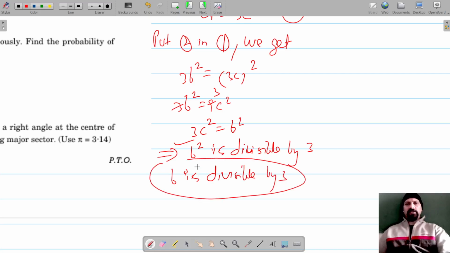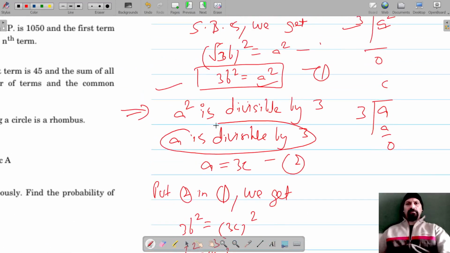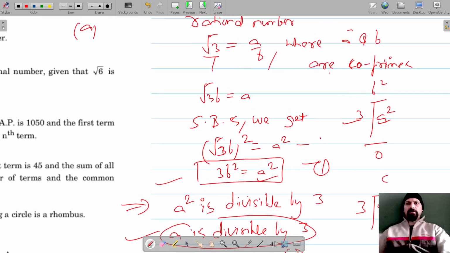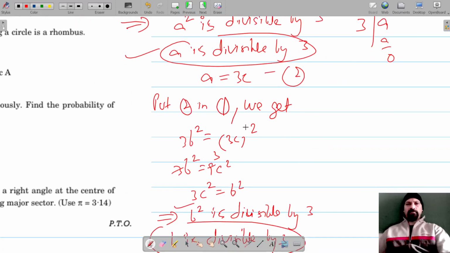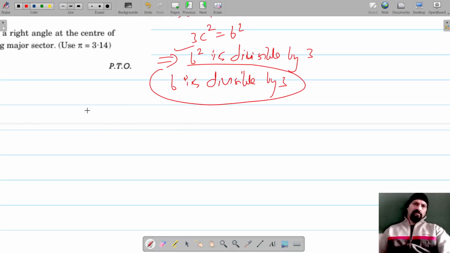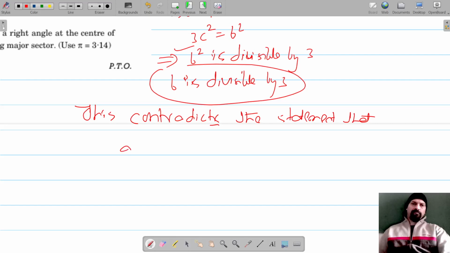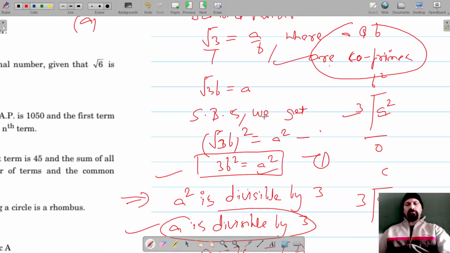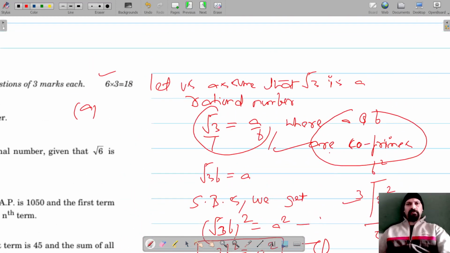Now b is divisible by 3 and a is also divisible by 3, but a and b were co-primes, so this contradicts the statement that a and b are co-primes. And a and b are co-primes because we have assumed that root 3 is a rational number.